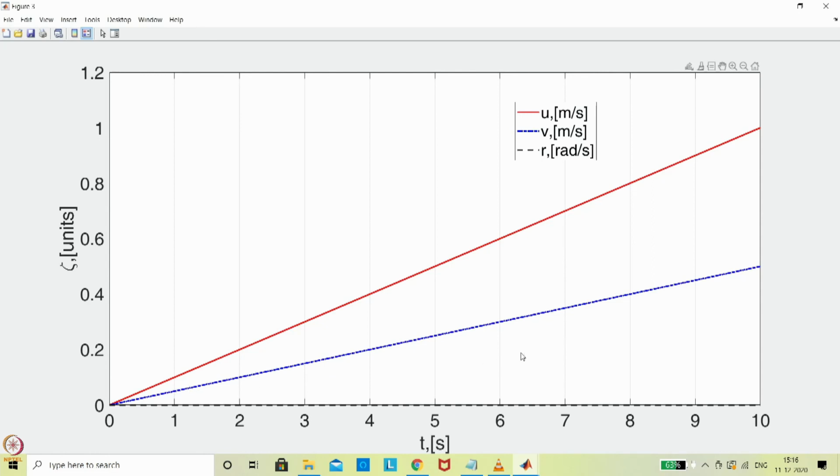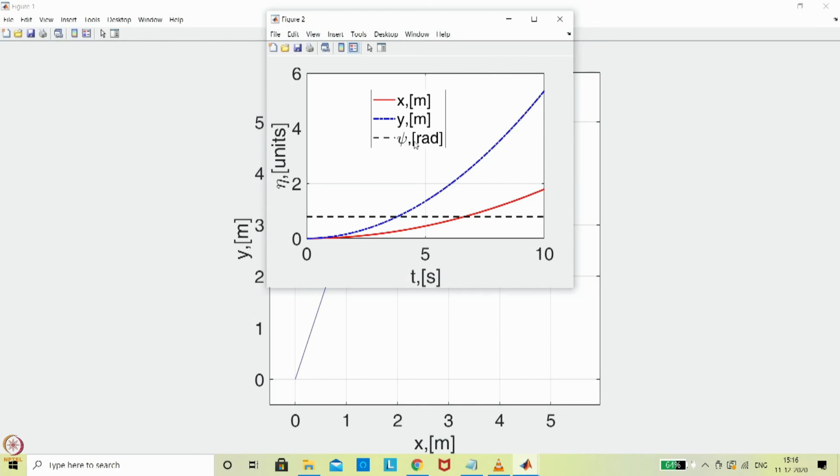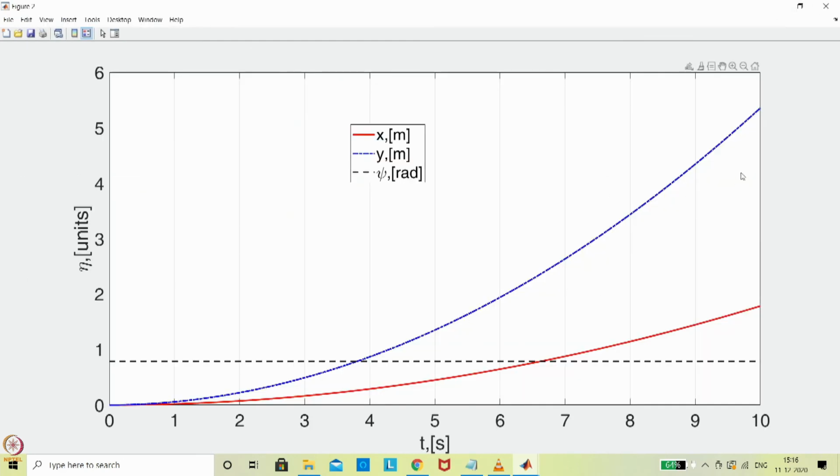So that is why you can see the velocity keeps on increasing, and similarly the system state keeps on increasing, and we assume that psi is 45 degree constant. When you see it initially it is 45, but after that you can see it gradually changing with small variation, right, but it is supposed to be 45 degree throughout, which you can realize at the end.